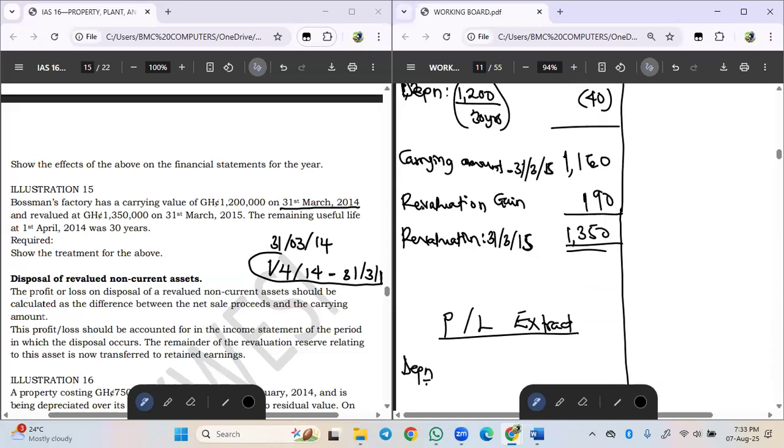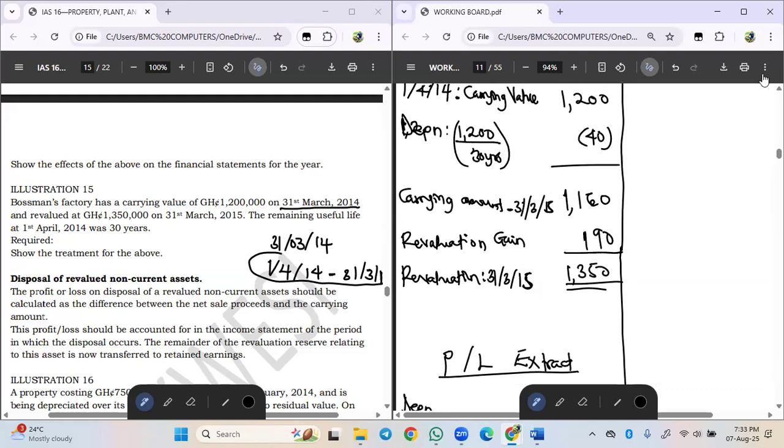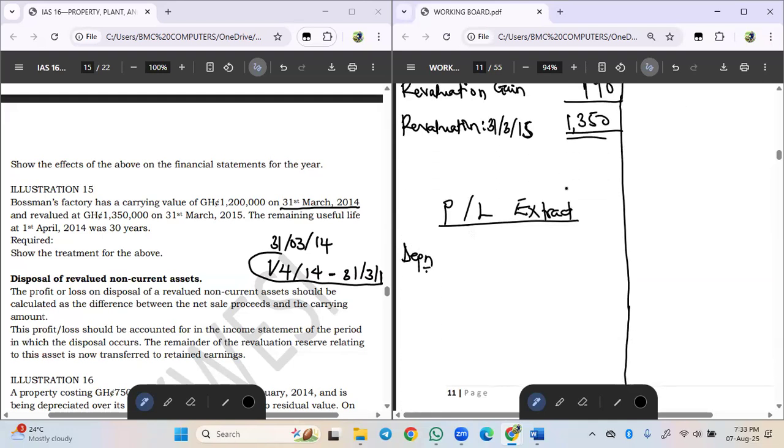So depreciation for that particular year will be the 40. Okay, so 40, negative figure, is an expense. So then we go to the OCI. We bring our revaluation surplus or gain of what? 190.